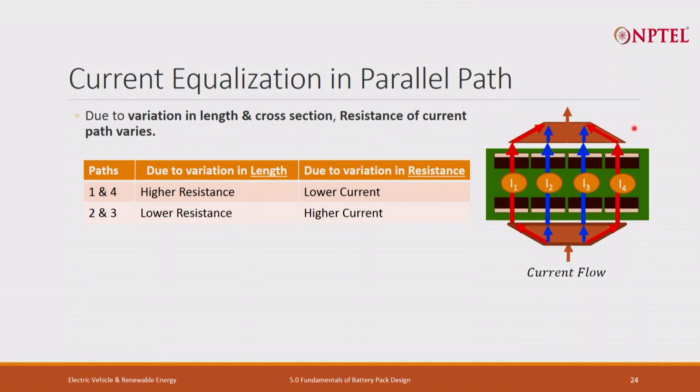Now, if you see this picture here, I have 4 paths, I1, I2, I3, I4. Paths 1 and 4 have high resistance because of the length.